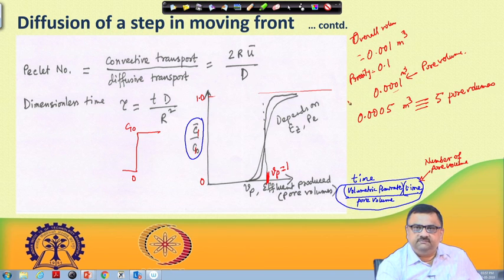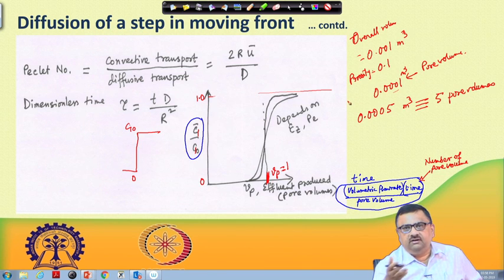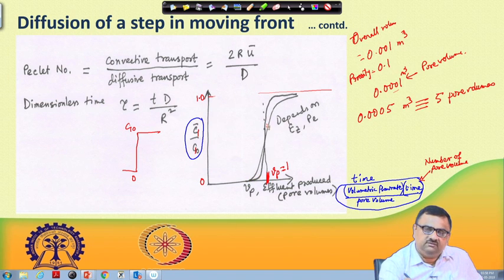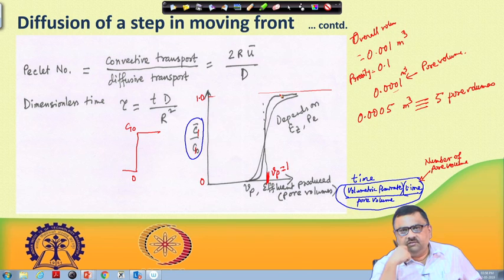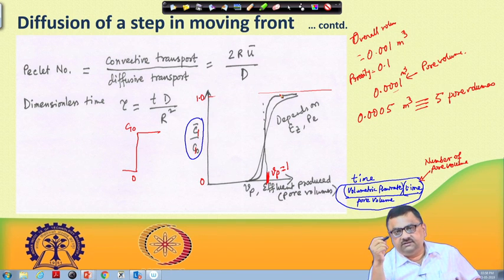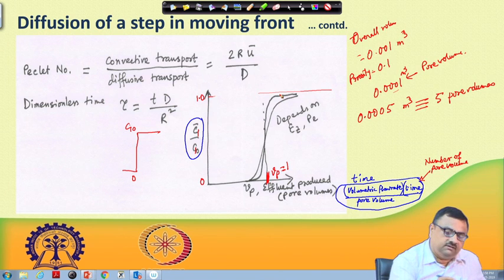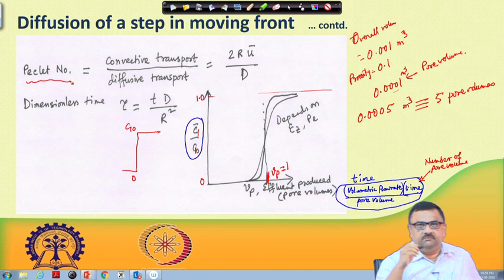But because of this mixing, which we have already accounted for through Fick's second law, we would expect that these lines will be smeared. How much smeared depends on the dispersion coefficient, which is what we are interested in. In this context there is an important dimensionless number called the Peclet number.